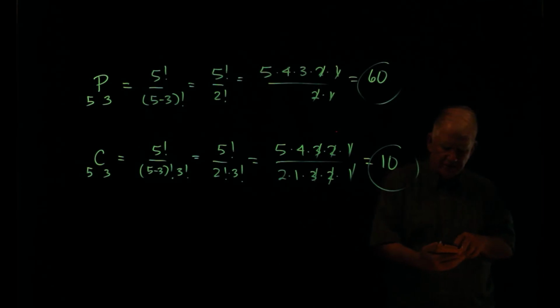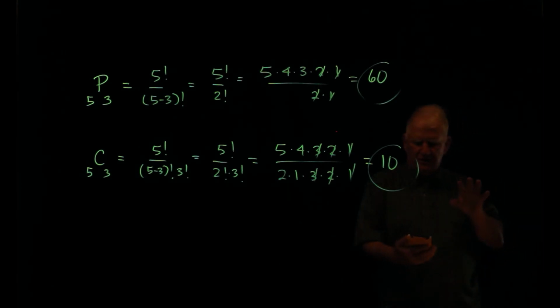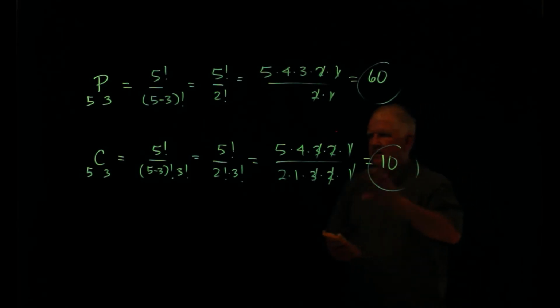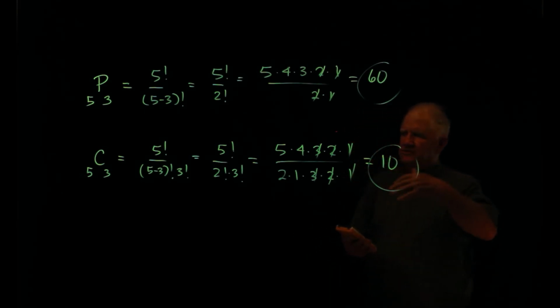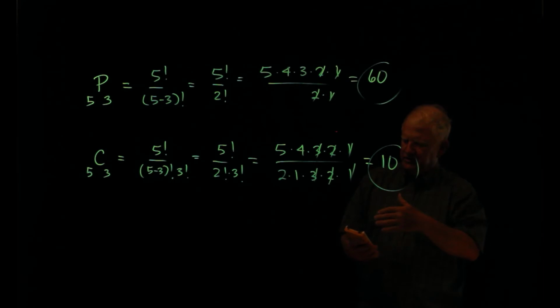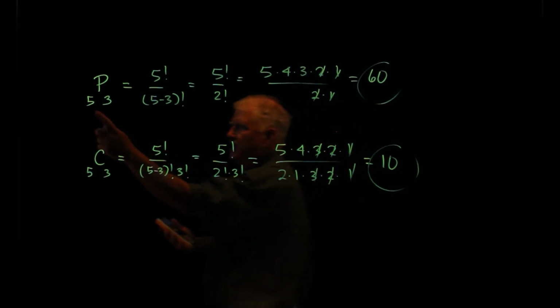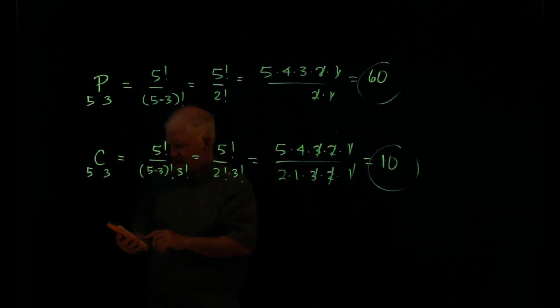So let's go down to nPr, select it, and it gives me a little icon that's got an nPr with 2 boxes. The leftmost box is flashing. It's asking you to enter this number, so let's do that, 5.